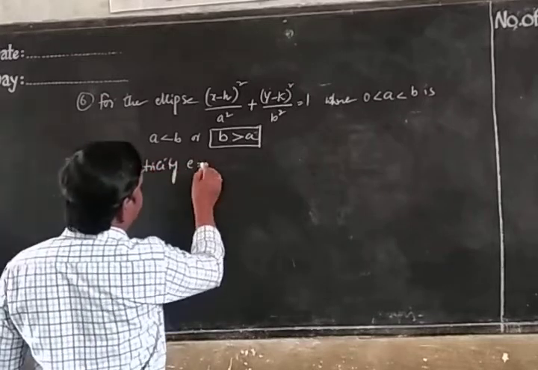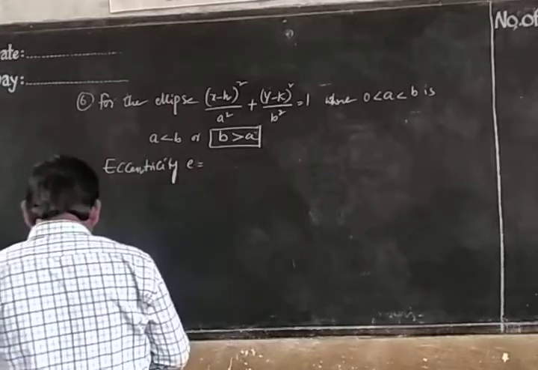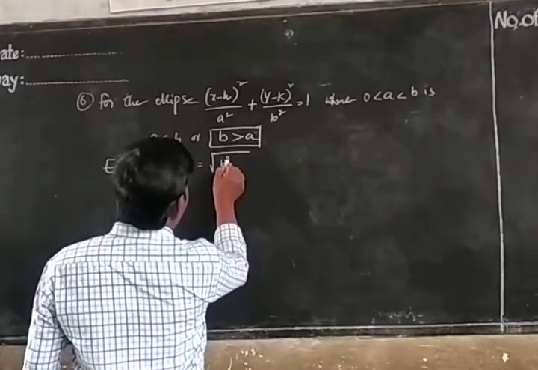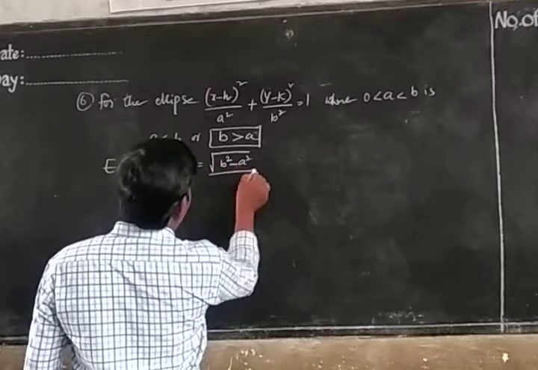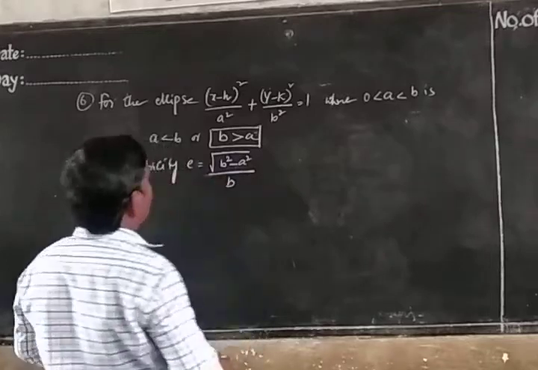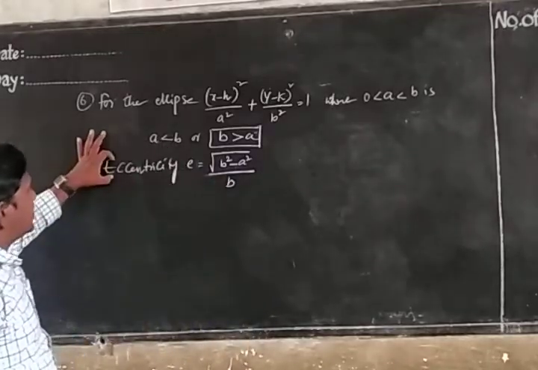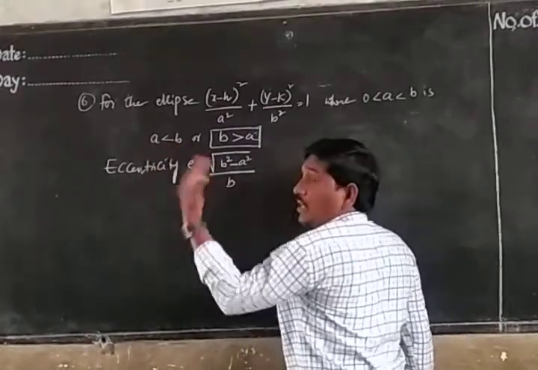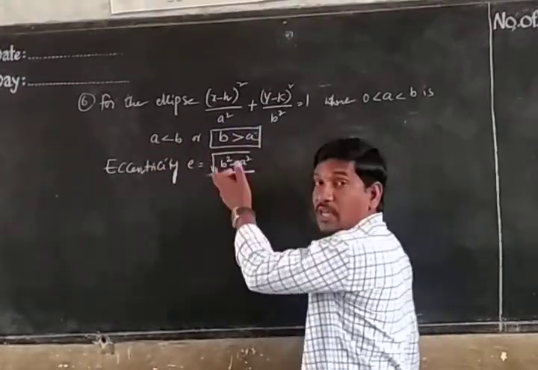So eccentricity equal to root of b square minus a square by b. Here a less than b, we can write b greater than a.